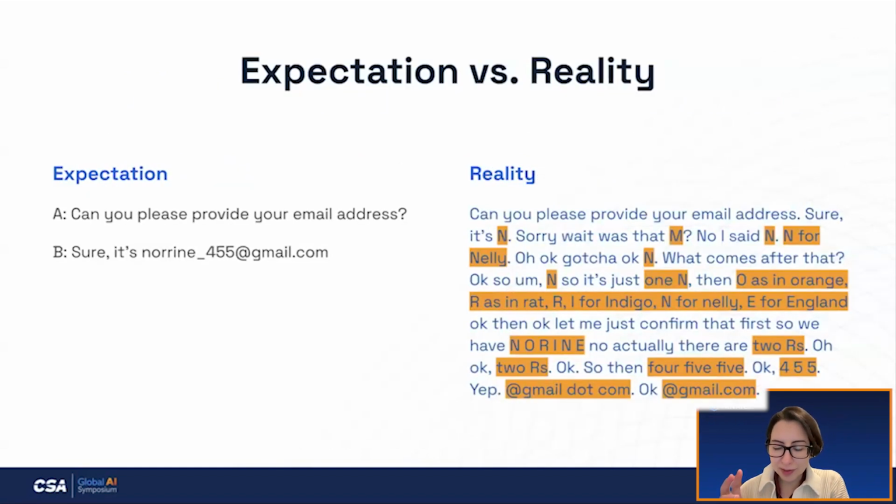This concept of data minimization can actually be really tricky when you're dealing with conversational data or real world data. In expectation, you might have somebody in a conversation asking for your email address, and you might think it's going to be, sure, Noreen455@gmail.com.